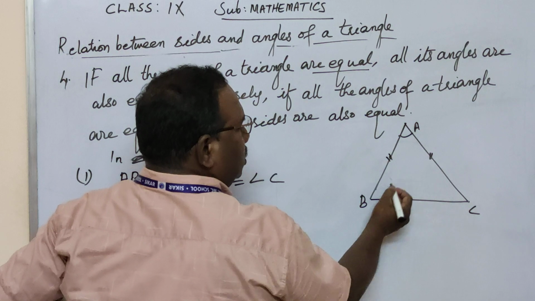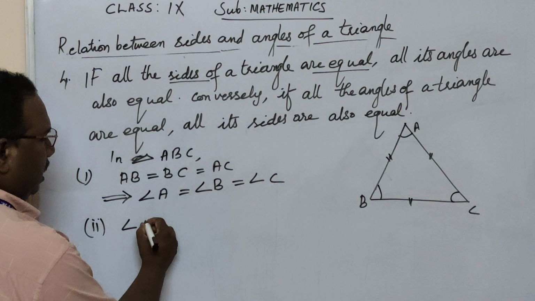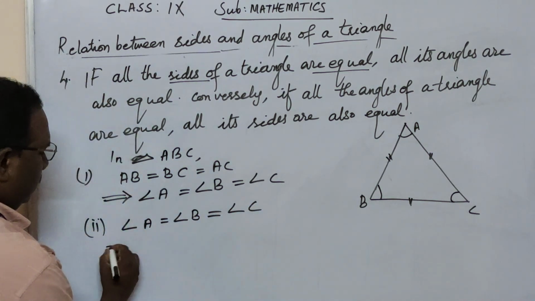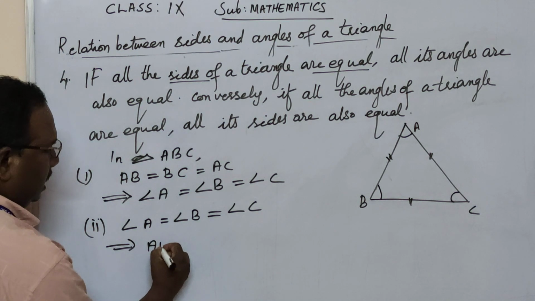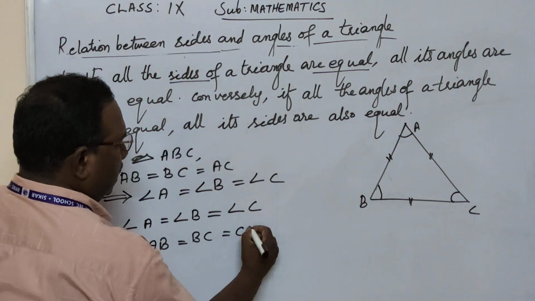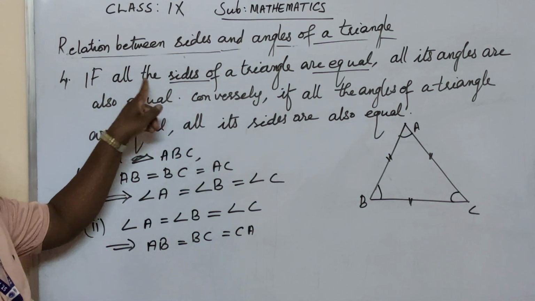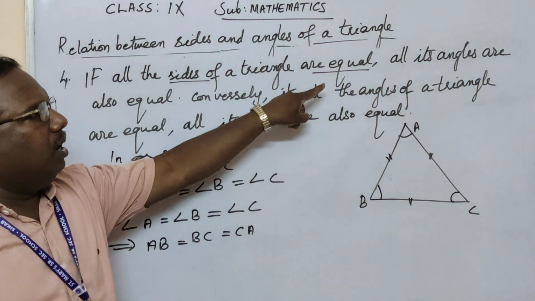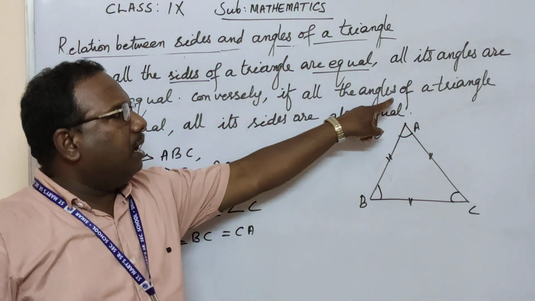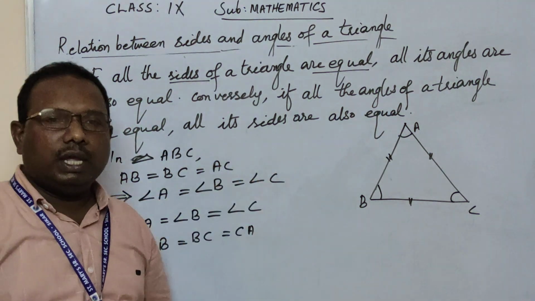Angle A is equal to angle B is equal to angle C, which implies side AB is equal to BC equal to CA. This is the meaning of the fourth point. If sides of a triangle are equal, all its angles are equal. Conversely, if the angles of a triangle are equal, then all its sides are also equal.